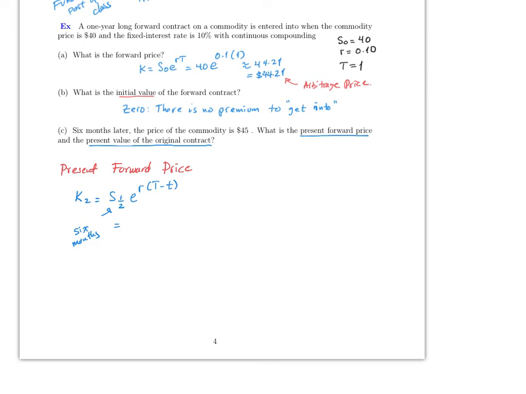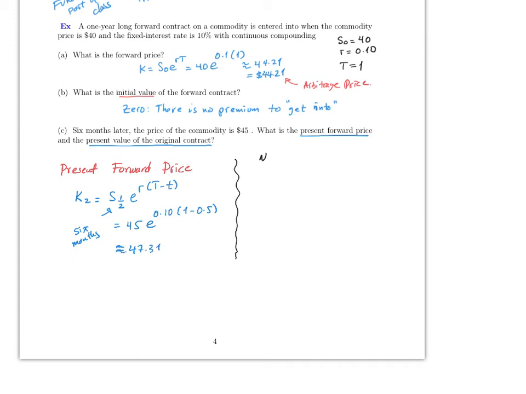So in our case, it will be 45 e to the 0.10 times (1 year minus t, which is now half). So this is around 47.31.